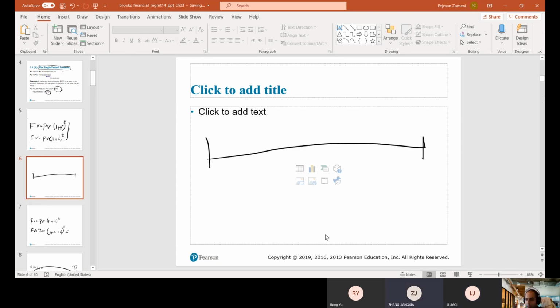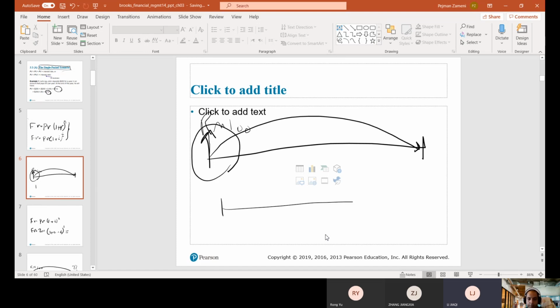if we have just a single cash flow right now, for example, I have 100 ringgit in my pocket, and then I want to grow this money to the future. This is a single cash flow that I have. Or if I want to have this amount in the future, I need to know how much I need to invest at the present time.